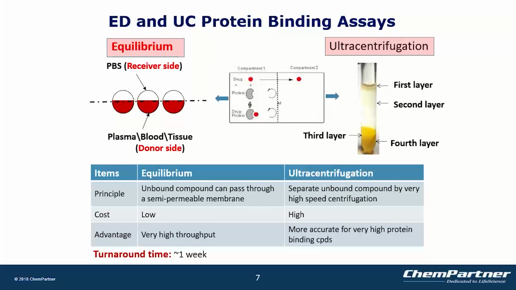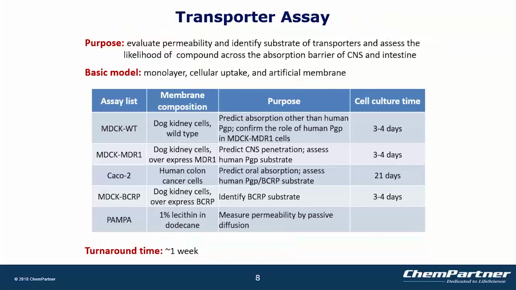Ultracentrifugation, some of the clients want to use for more detail, but it still has non-specific binding, and in terms of the middle layer when you ultracentrifuge your plasma protein binding, it's not absolute which we choose, but we need to choose carefully how to interpret the data, which is very important for us. These kinds of studies have a turnaround time of a week.